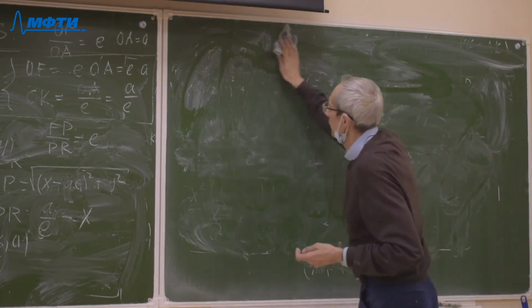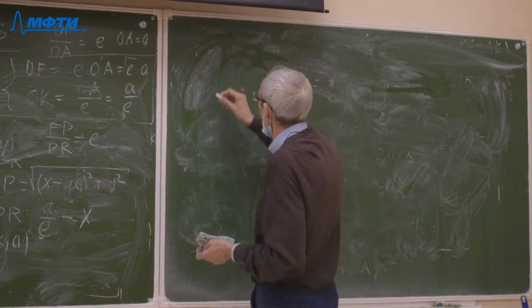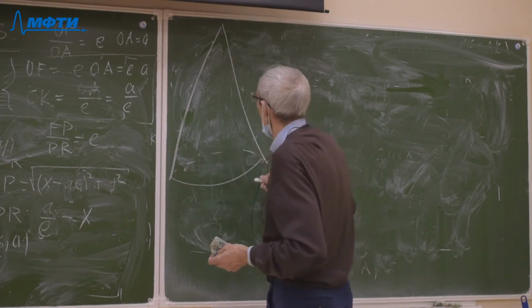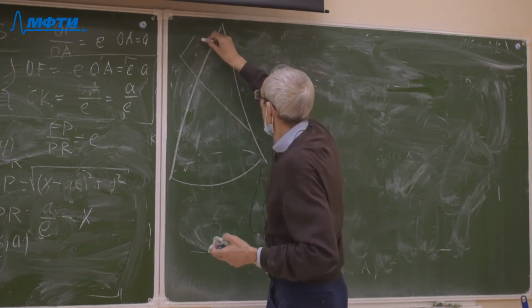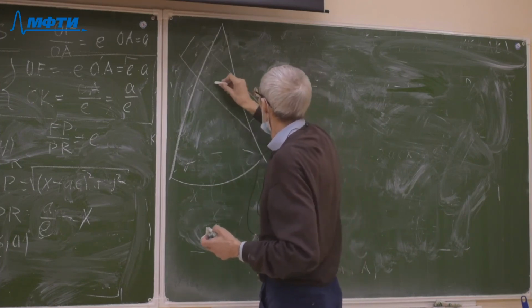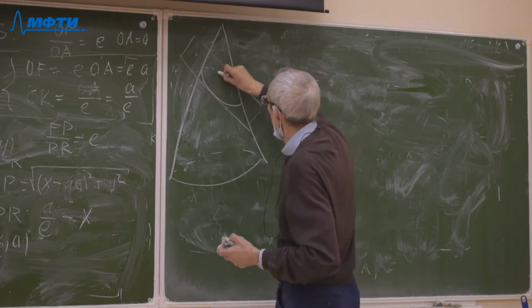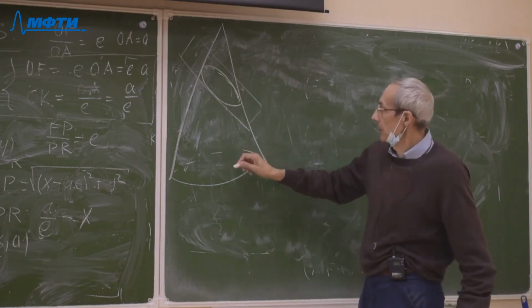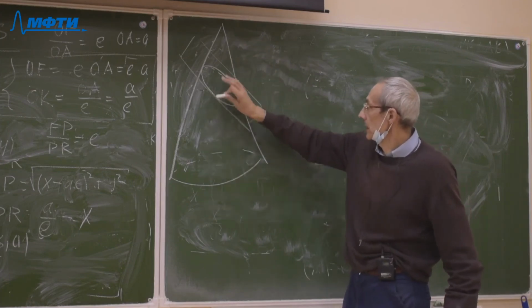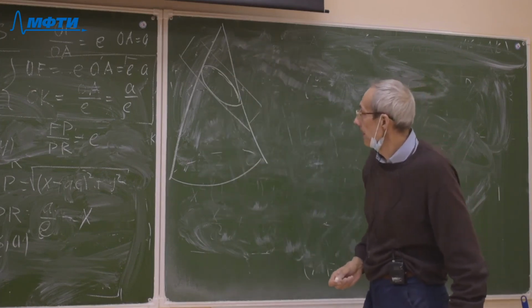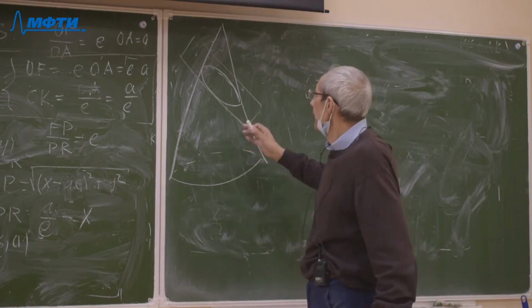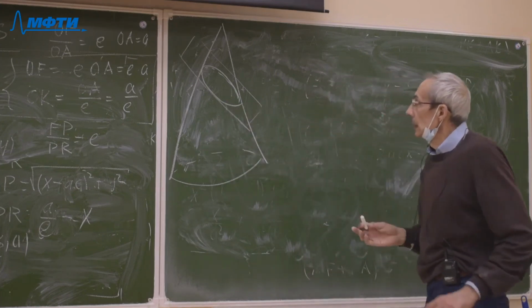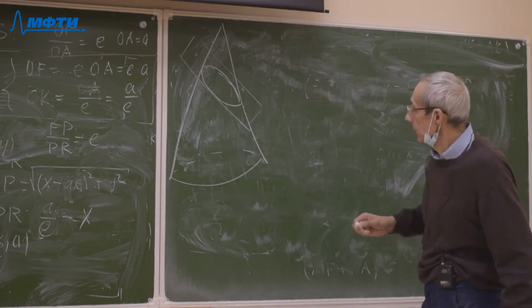First of all, we obtain the ellipse as a section of the cone by some plane, which has some slope.